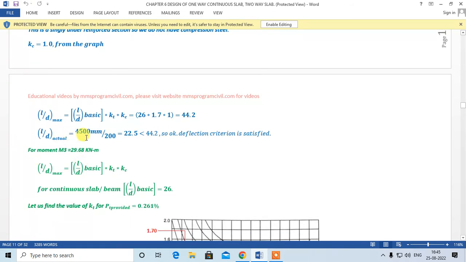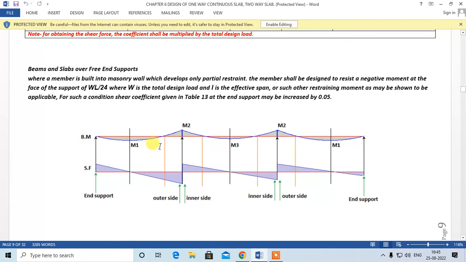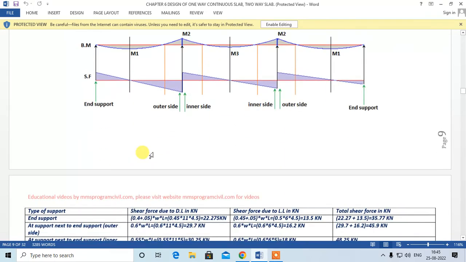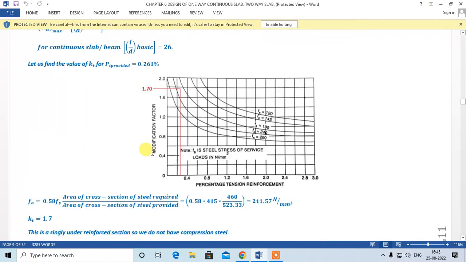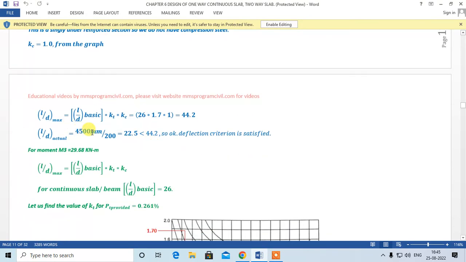Now L by D actual for the first span, that is this span, is 4.5 meters divided by the effective depth of 200. 4.5 meters divided by 200 is equal to 22.5, which is less than 44.2. So it satisfies the deflection criteria.